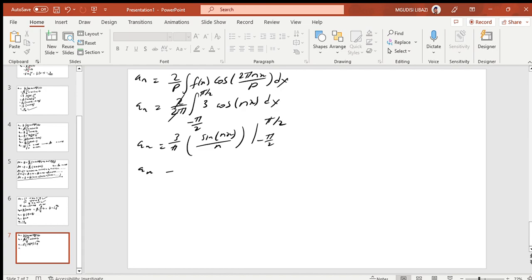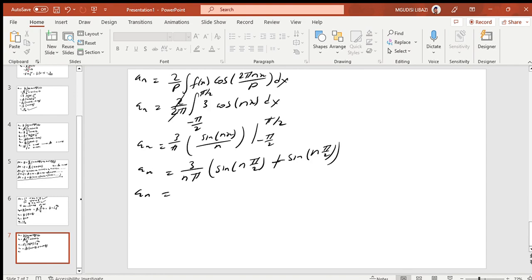Then we have an, which is now 3 over n pi, and we substitute our limits. It's going to be sine of n multiplied by pi over 2 minus sine of n multiplied by negative pi over 2. If we take that negative outside, it will cause a positive there.